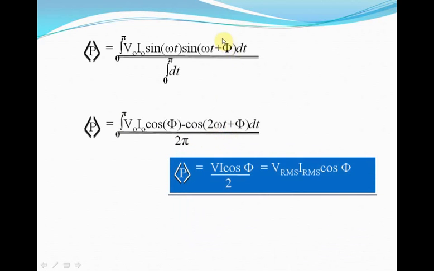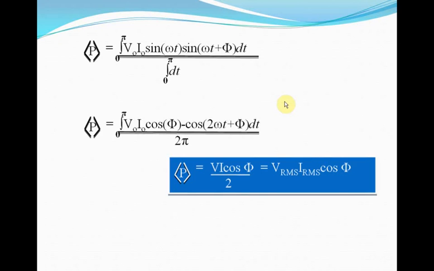In simplifying this expression, we haven't used any complex trigonometry. All we've written is that 2 sine A sine B has been replaced by this expression of 2 cosines. The average power comes out to be V0 I0 cos phi by 2, where phi is the phase difference between the voltage and the current. So if the voltage leads the current by phase phi, the average power can be taken to be V0 I0 cos phi by 2.